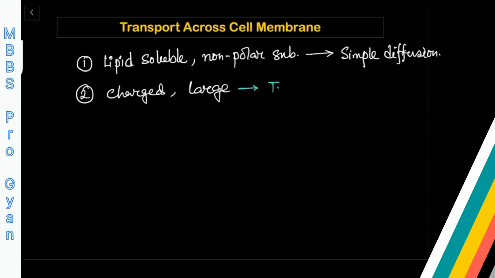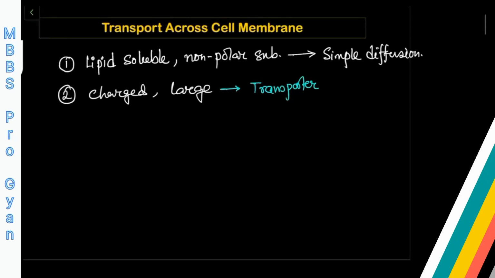You require certain transporter proteins, or you require the process of endocytosis or exocytosis. So we'll be discussing all these things: transporter, endocytosis, exocytosis. First, let's discuss this transporter.